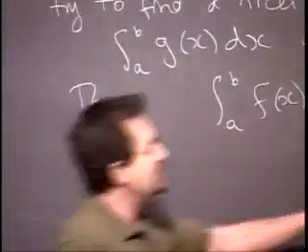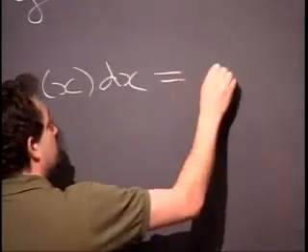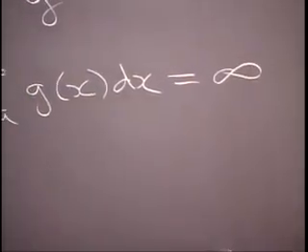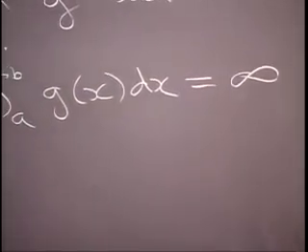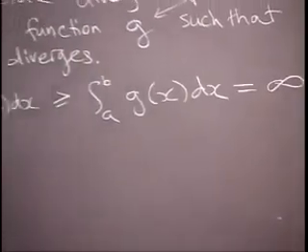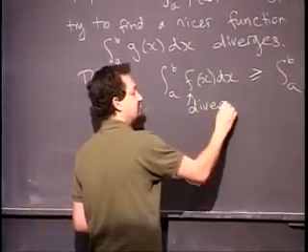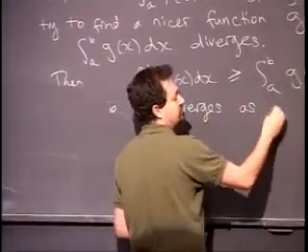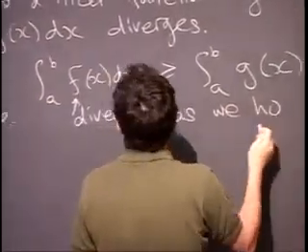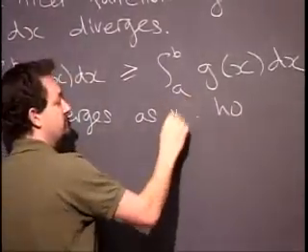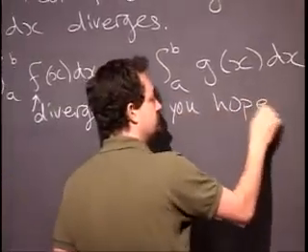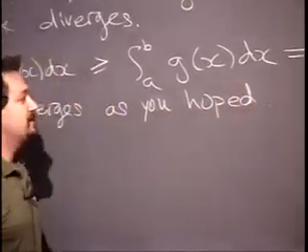But that's already infinite because we've assumed it's diverging, and that's the only possibility when g is positive. So, i.e., this diverges as planned, as you hoped. And that is the comparison test.